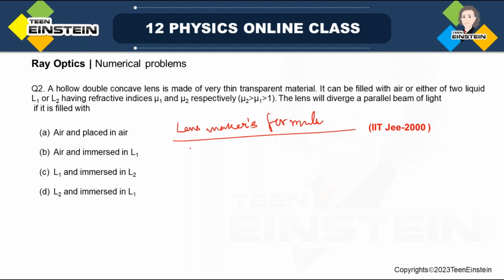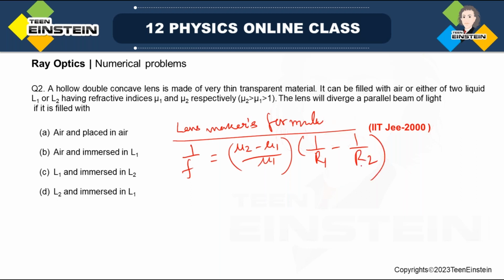So lens maker's formula, what we know? We know 1 over f is equal to (mu2 minus mu1) divided by mu1, into (1 over r1 minus 1 over r2).